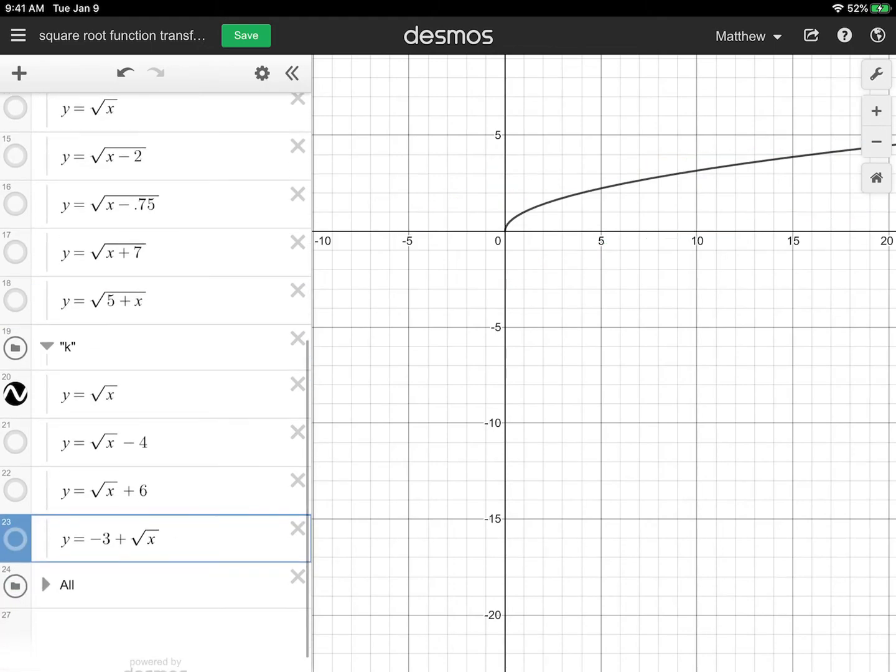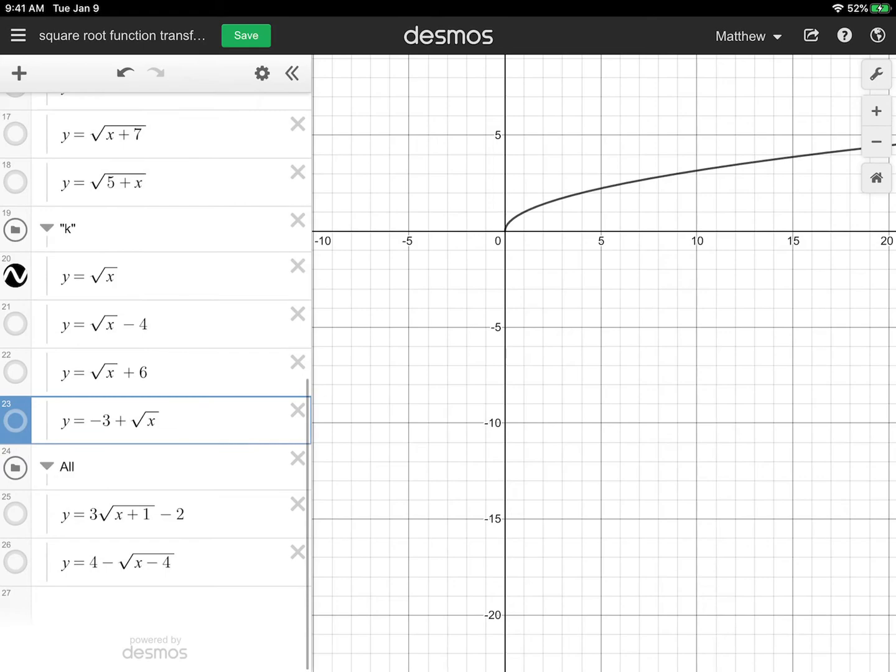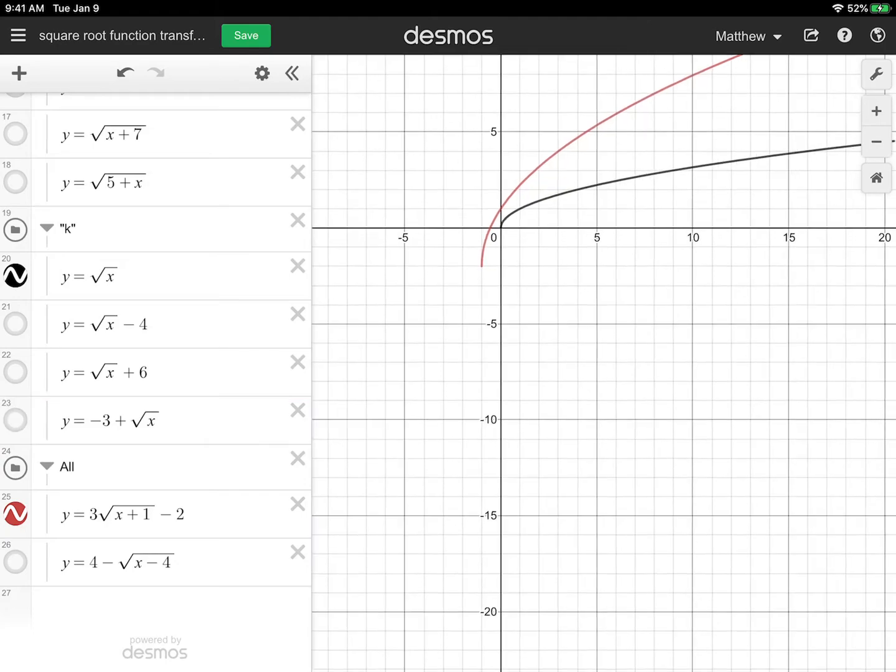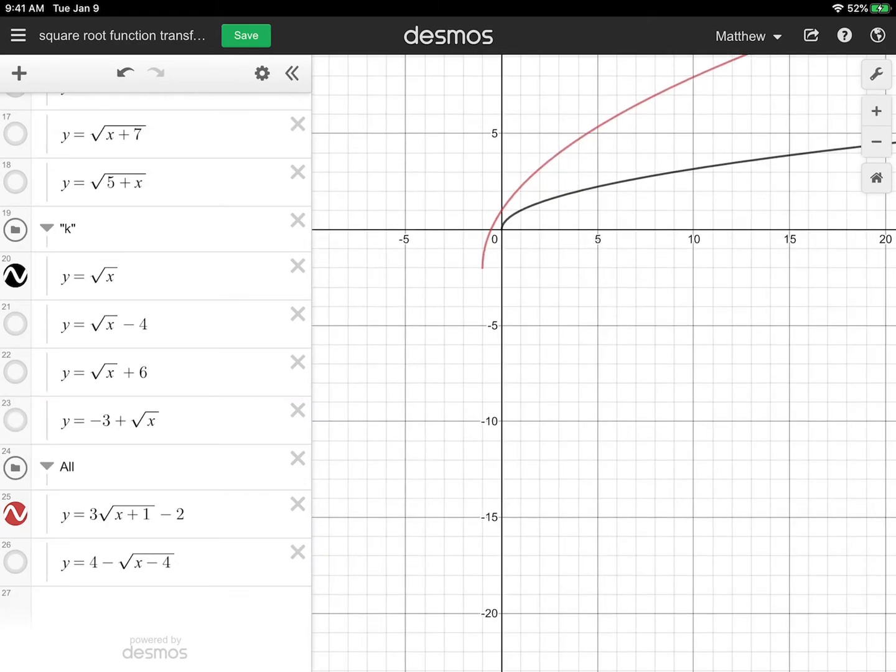And then if we look at ones that have all of them together, we can see that in this case, all we did was stretch. We moved to the left 1 unit and then down 2 units. And then for this one, we went to the right 4 units, because h is 4.